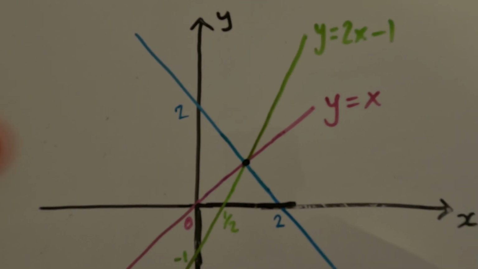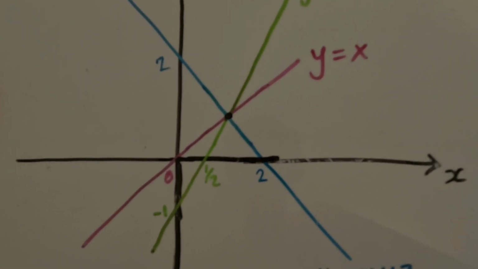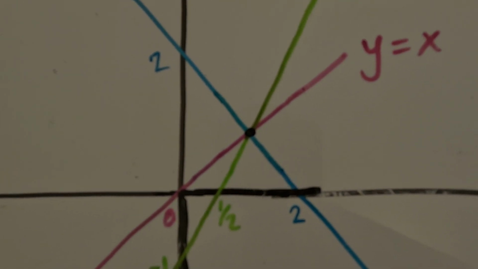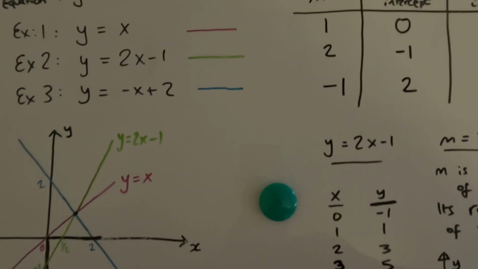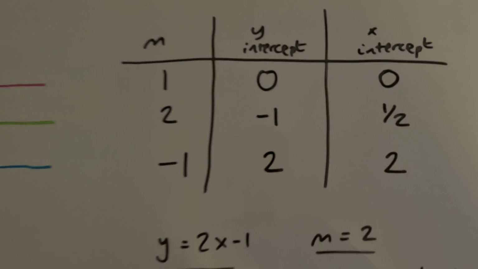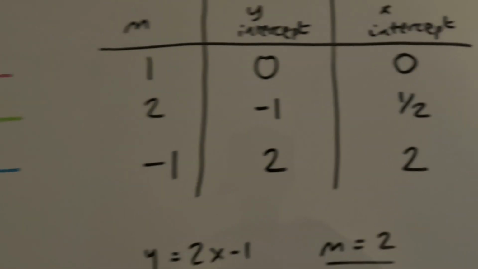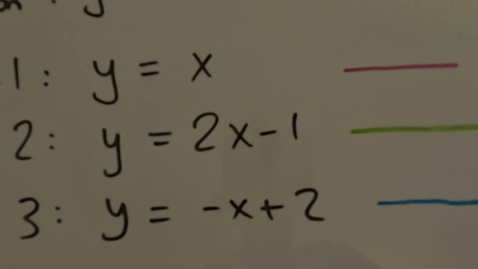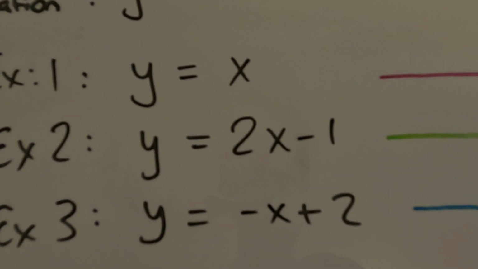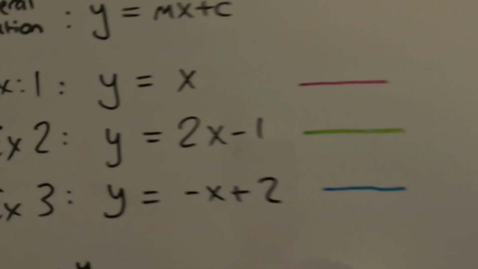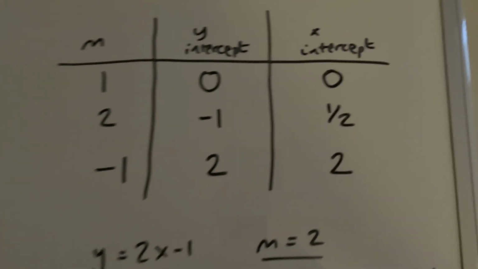And then we can do the same for the x-intercept, which is where each line cuts the x-axis. It's not as easy to find this because you have to make x the subject. So what you're doing now is you're letting y equal 0. So if you let y equal 0 in example 1, then x is equal to 0, so the x-intercept is 0.